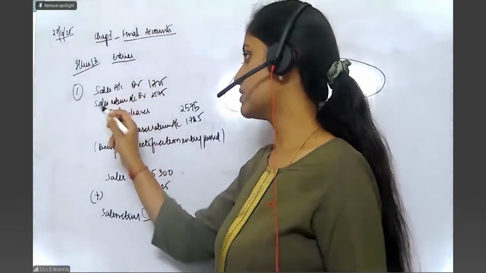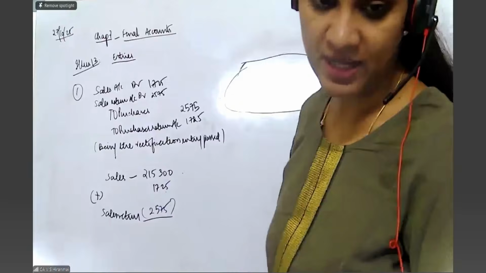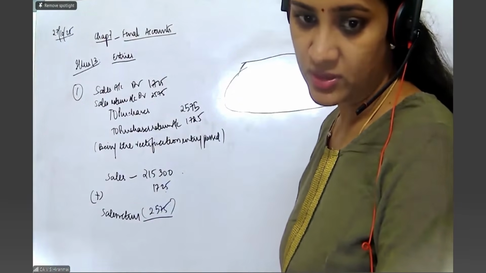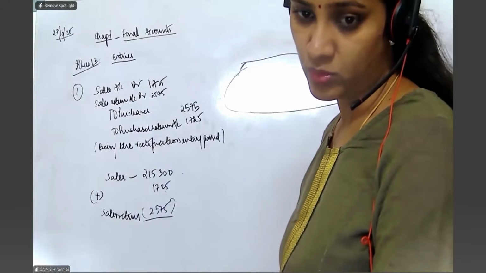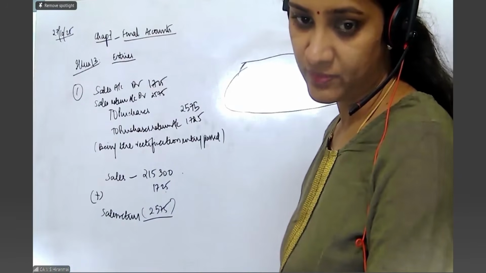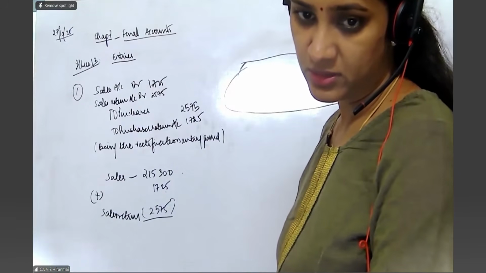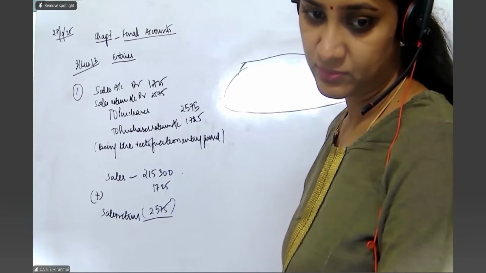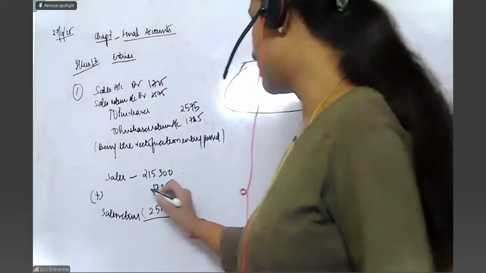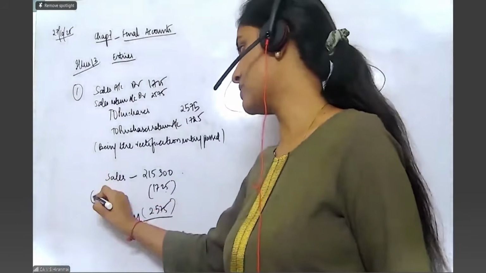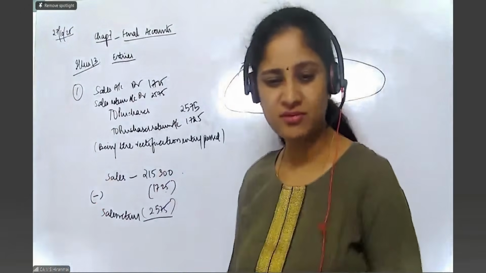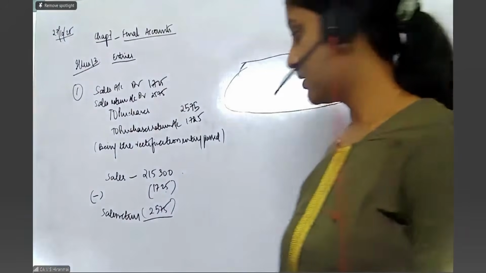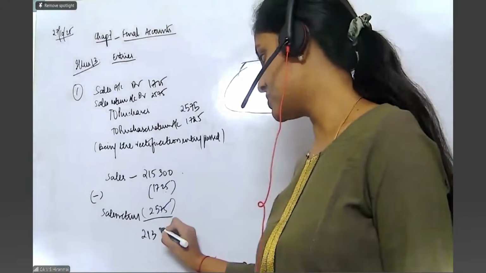First, you are supposed to add back that value because it was wrongly included in the sales, so that you are going to remove. Sales account debit means this is a minus only, because you are subtracting the value. Now tell me the final answer. Somebody add and tell me the final answer. 2,13,000.